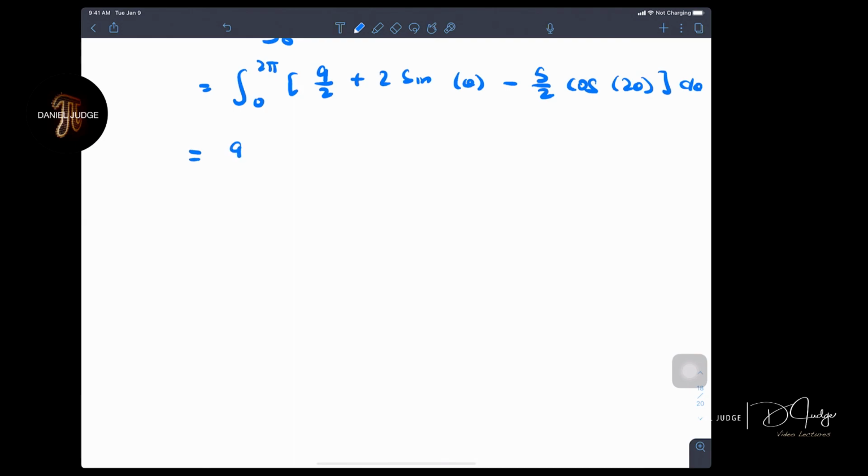So when we integrate, you end up with 9/2 theta. The derivative of cosine is minus sine, so this would be minus 2 cosine theta.